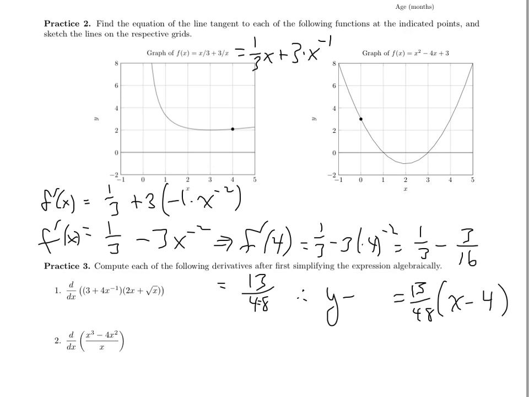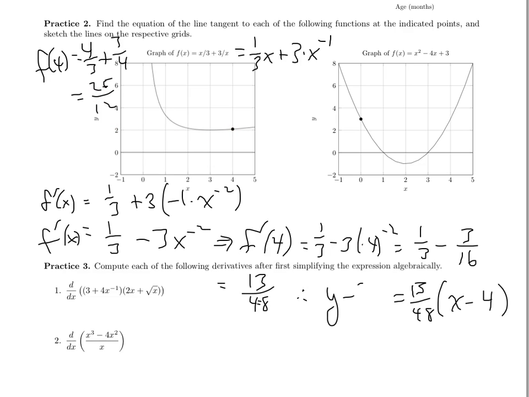And the number for the y-coordinate that we would get, again, I might as well just use a fraction. Going back to my original equation here, if I calculate f of 4, that is going to be 4/3 plus 3/4, which is 25 over 12. And so that is the y-coordinate, 25 over 12. It's a little bit more than 2, and you can see that makes sense.